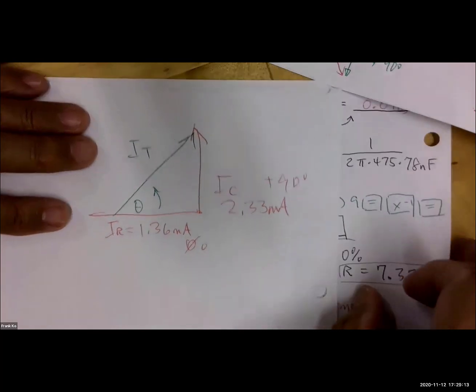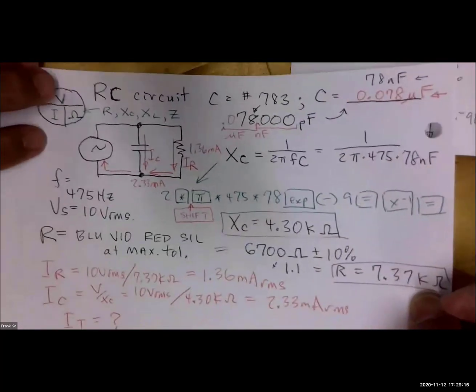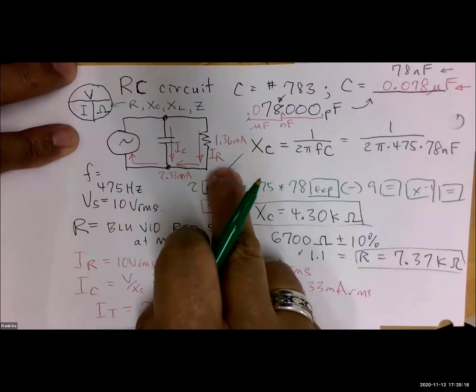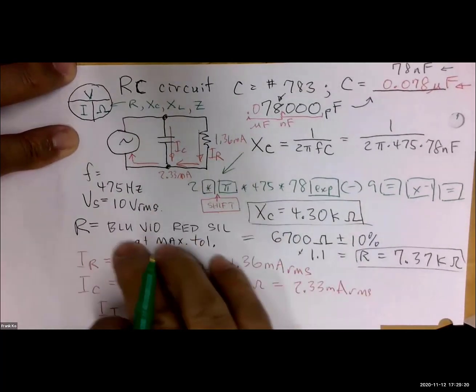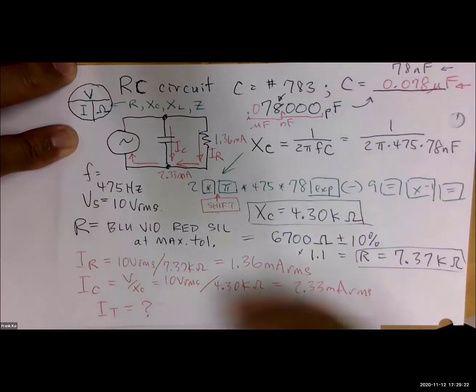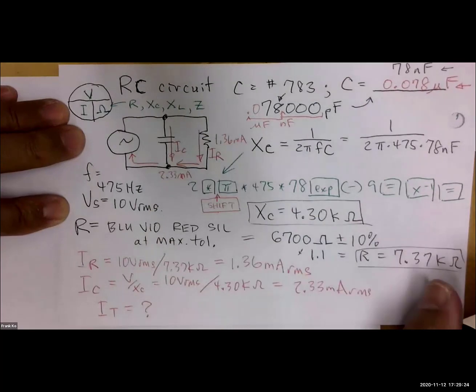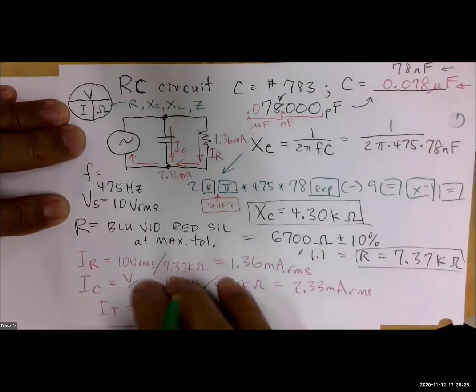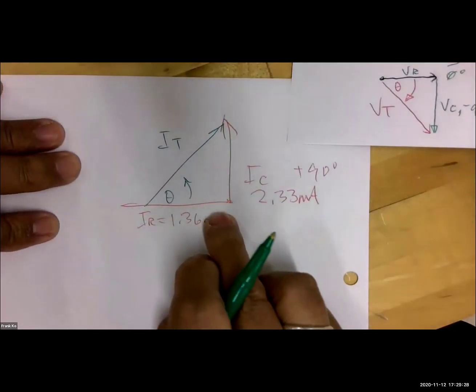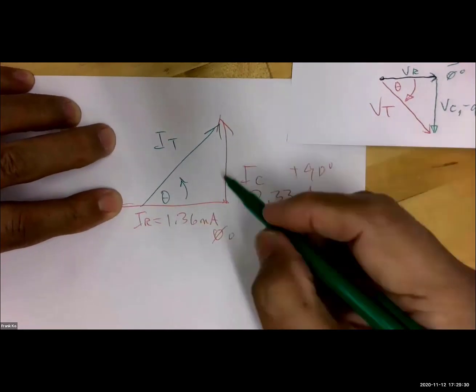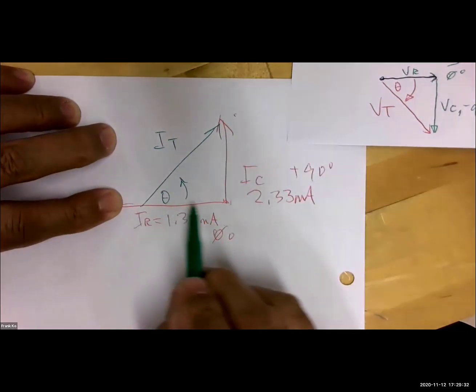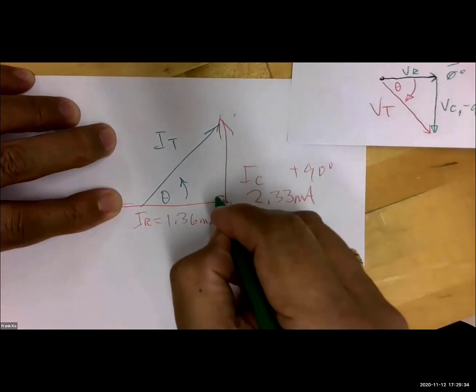So that's how we would take the information of this parallel RC circuit, determine the currents, because voltage is the same. And once we determine the currents, put the currents into this diagram, where IC is out of phase from IR by 90 degrees.